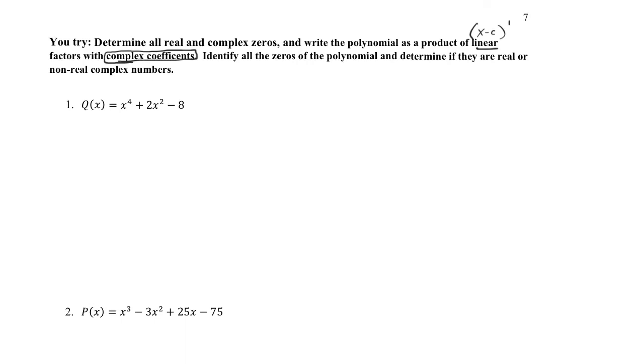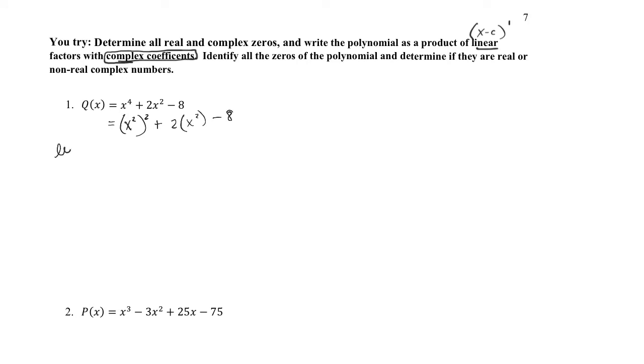So if I rewrote this as x squared, that's the same as x to the 4th, plus 2 times x squared minus 8. You can kind of start to see a pattern that this is actually a quadratic, okay? So what I like to do is do a substitution here to make it even that much more obvious.